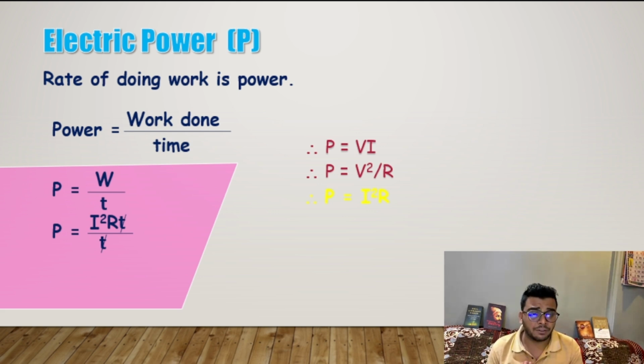If you have potential difference and current, power will be VI. If you have potential difference and resistance, power will be V square upon R. And if you have current and resistance, power will be I square into R.